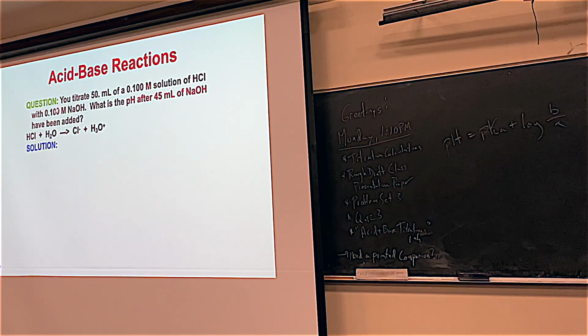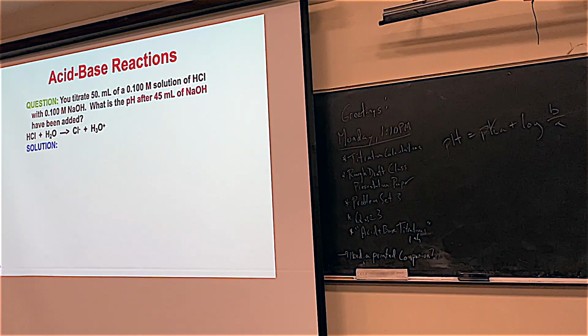If the concentrations are the same and you want equal numbers of moles, volume in liters times moles per liter would tell you the moles. So one thing you could do to answer that question is divide this by 1,000, multiply by this number to find so many moles. And then moles of HCl will equal moles of sodium hydroxide at equivalence.